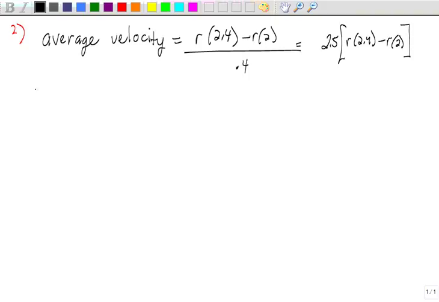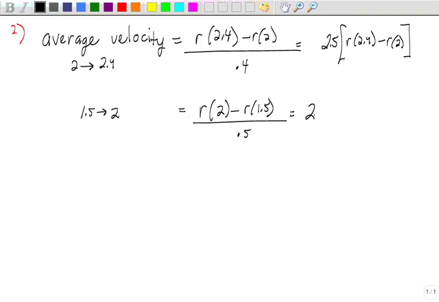Okay, and then between 2 and 2.4, and this is from 1.5 to 2. Okay, so let me try to draw this picture.